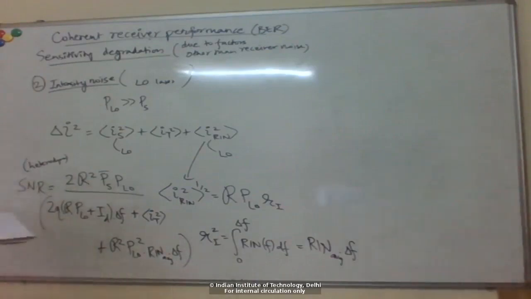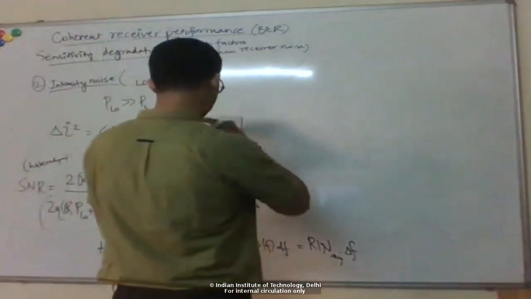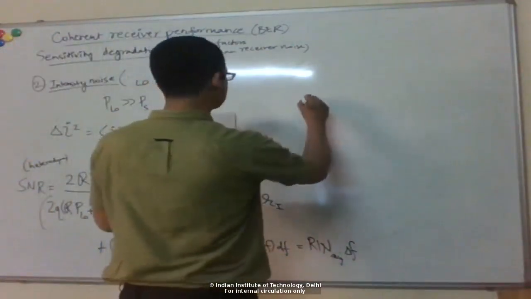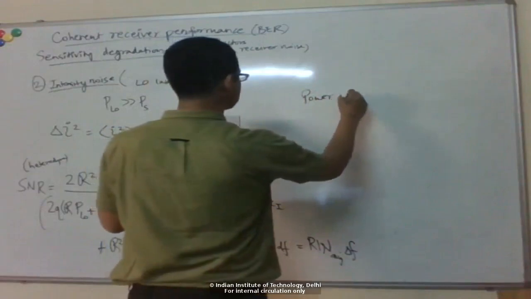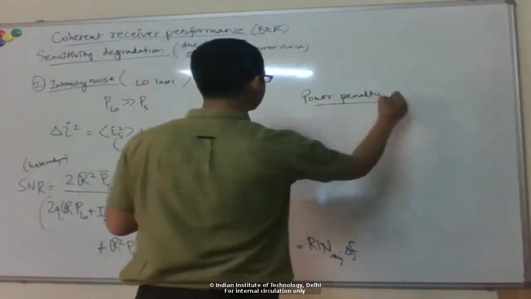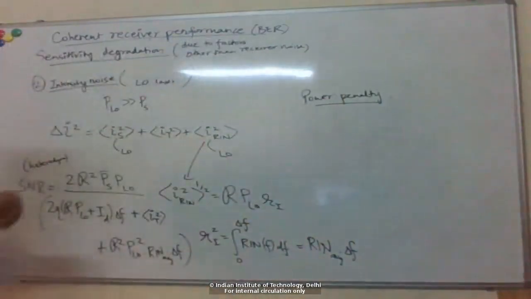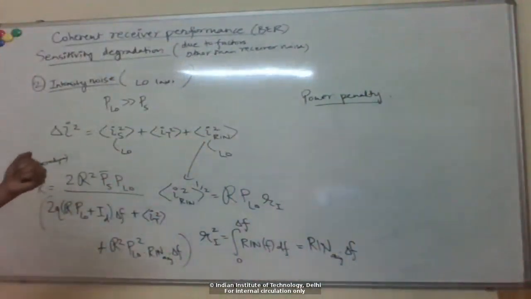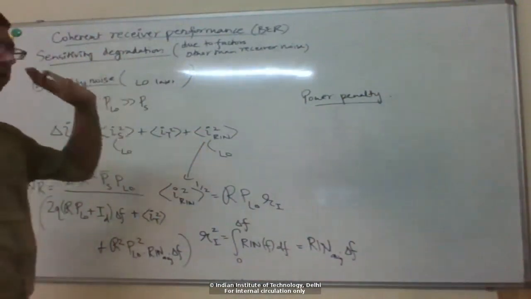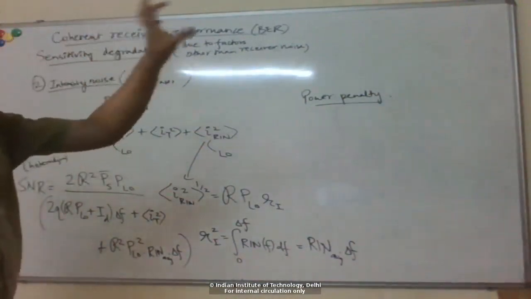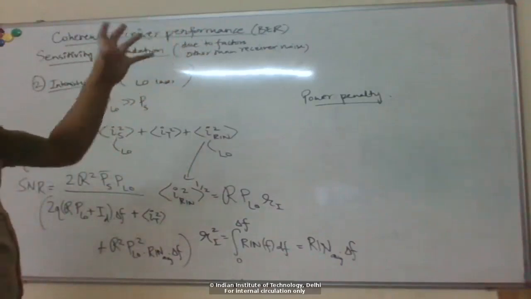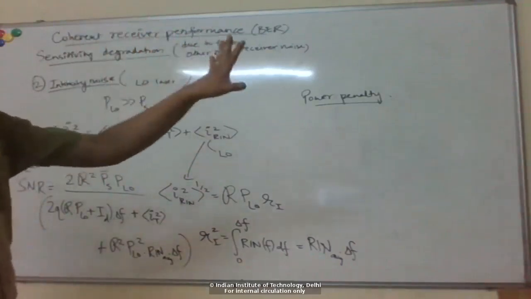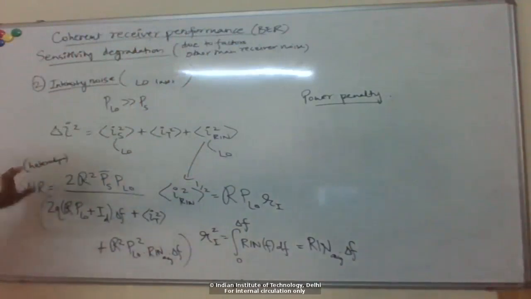Okay, so again, I can define a power penalty. Let's say for a particular BER, 10 to the minus 9, I need some value of the SNR, depending on the modulation format, right, we derived these expressions. So for a given BER of 10 to the minus 9, I need a certain Q factor or a certain photon number corresponding to a certain SNR.